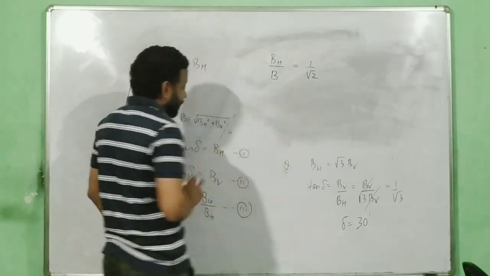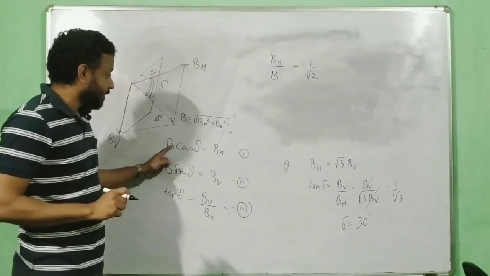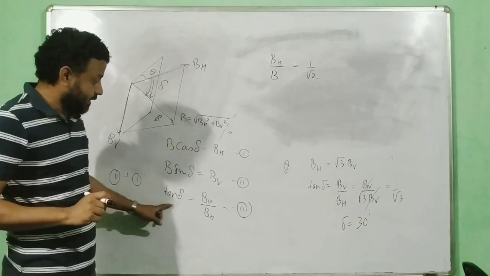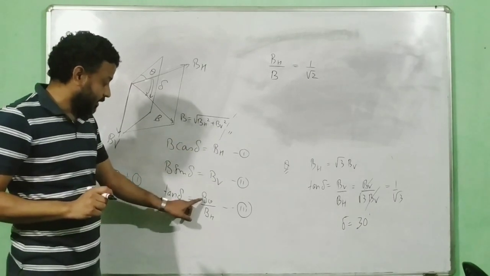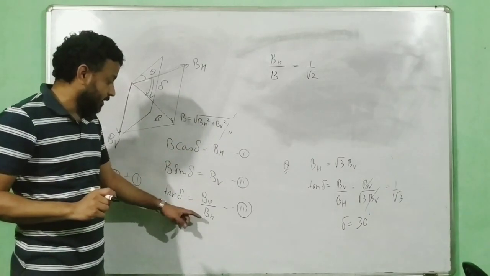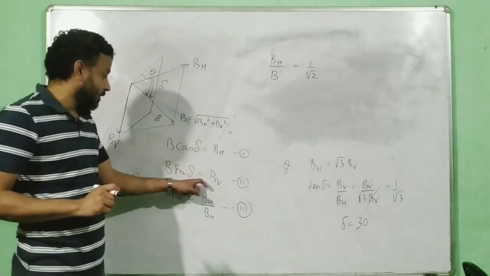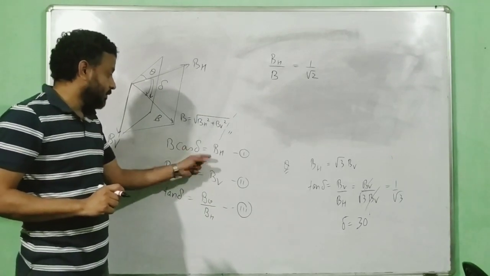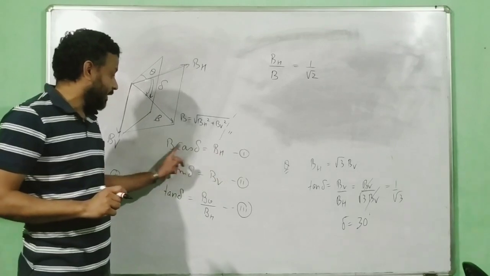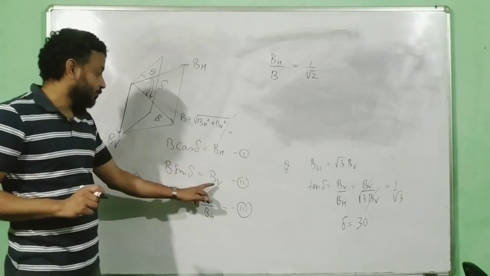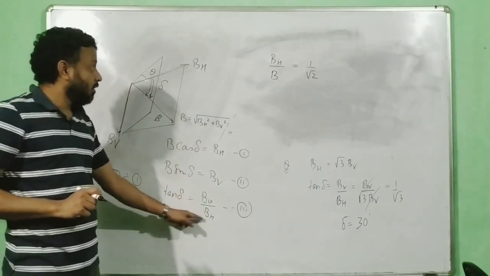Now we know the relation between the net field and the components. This is the relationship between the vertical and the net, this is the relationship between the horizontal and the net, and this is the relationship between the vertical and the horizontal.